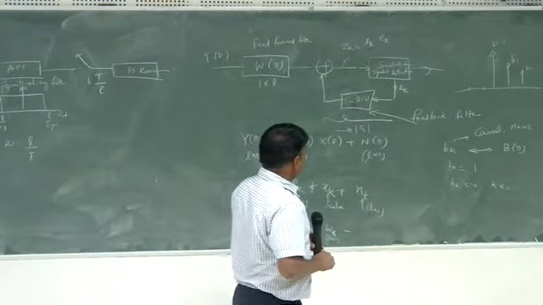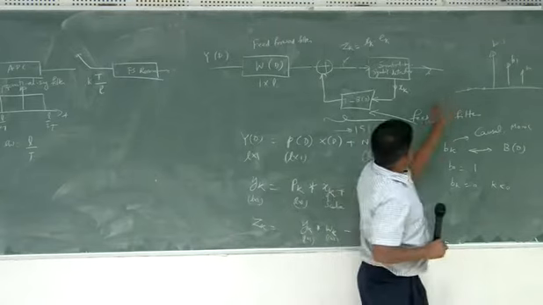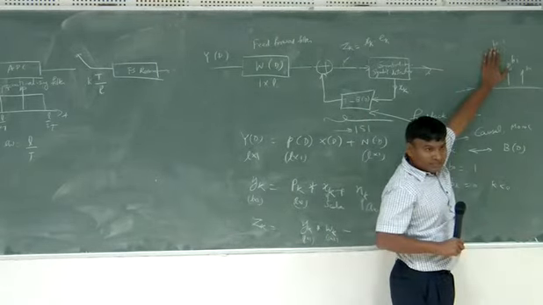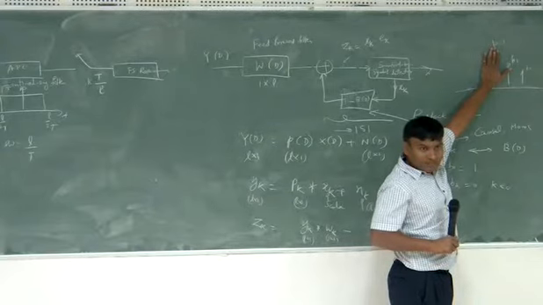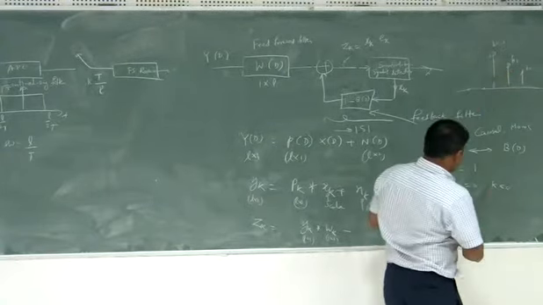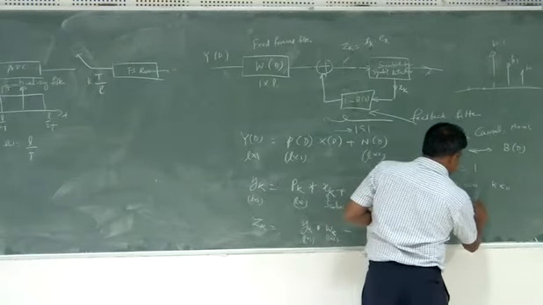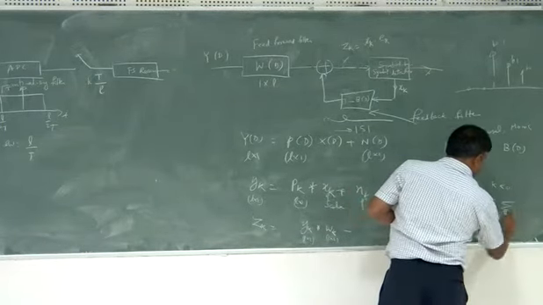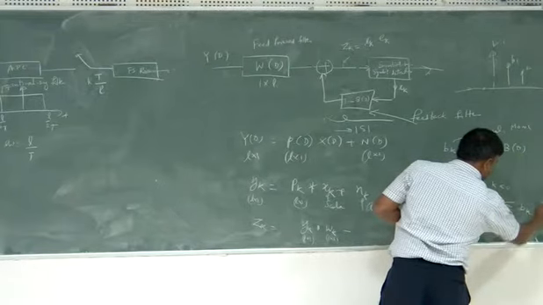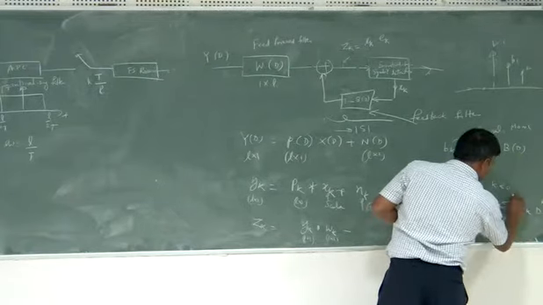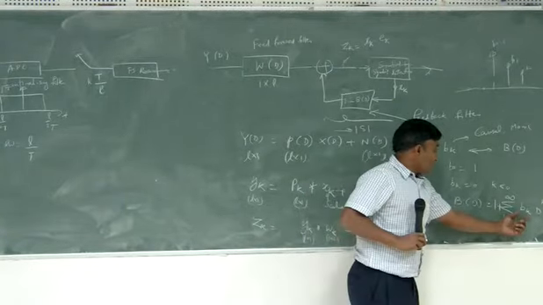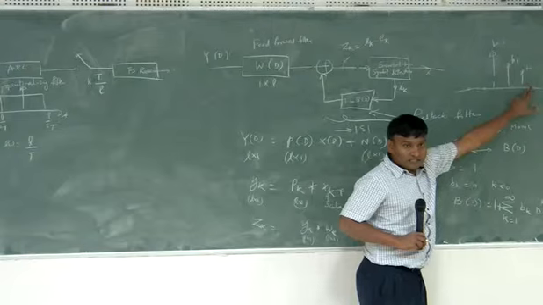B of D can be written as 1 plus the sum of Bk D raised to k, k equal to 1 to infinity. So 1 minus B of D is this portion, which is exactly these taps.